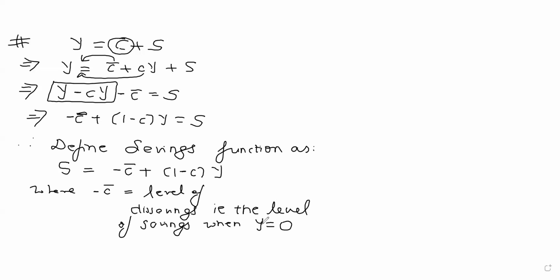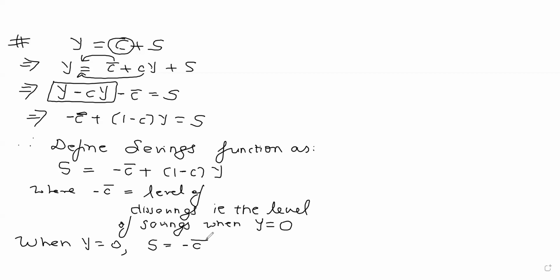Remember, C bar was autonomous consumption, which means the level of consumption when your income is 0. Corresponding to that, minus C bar is your level of dissavings, which means the level of savings when your income is 0. It means, guys, when your income is 0, your savings is negative. So I can write that when income is 0, savings is minus C bar. Savings are negative means you are borrowing.